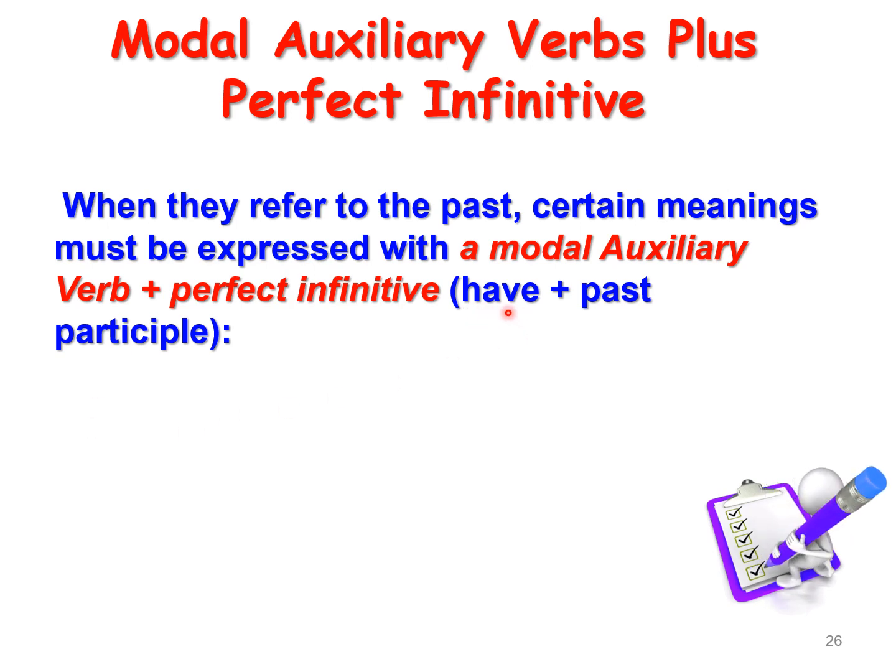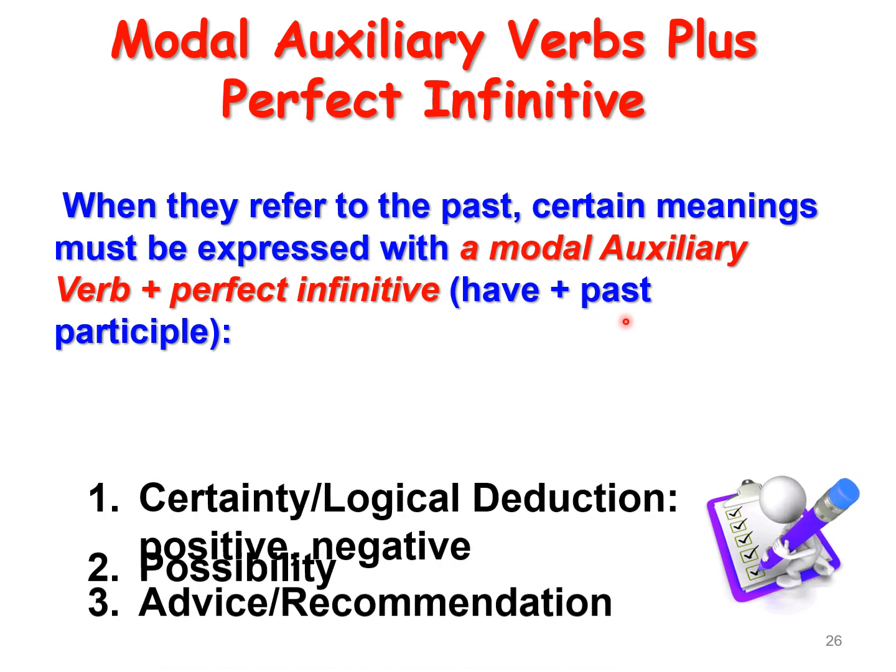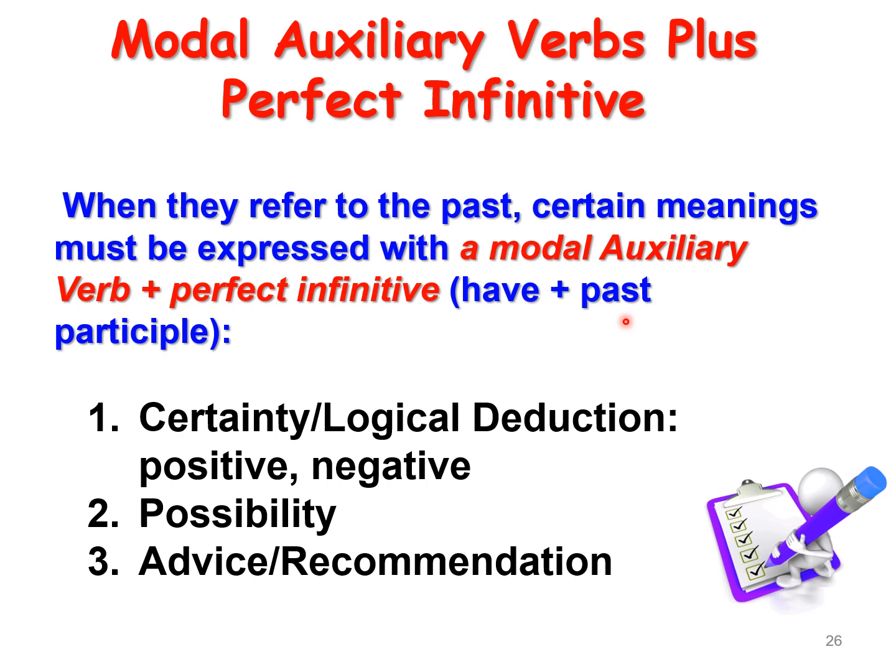For example, must have broken. You can see the example listing three different categories of the modal auxiliary verb plus perfect infinitive: certainty or logical deduction, with the positive and negative that you have also seen in the last part; possibility; and advice and recommendation.